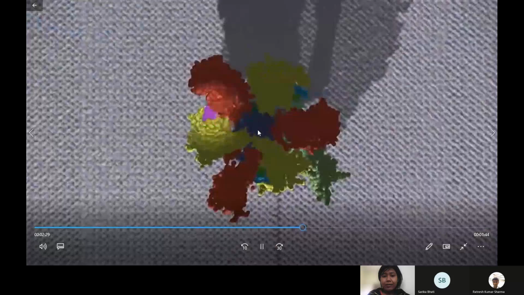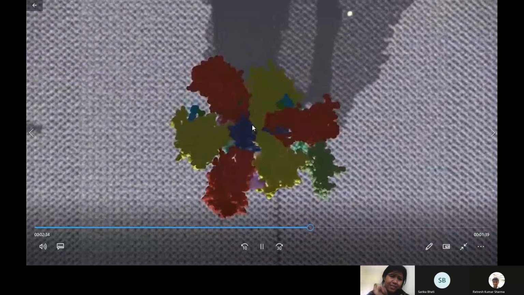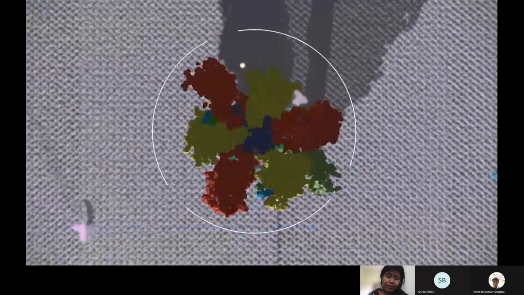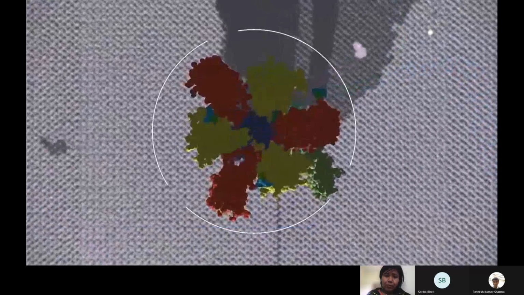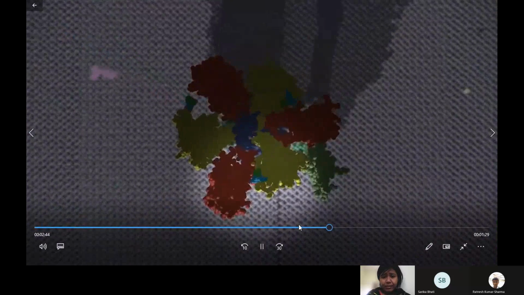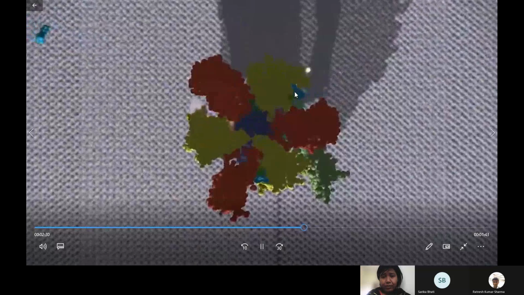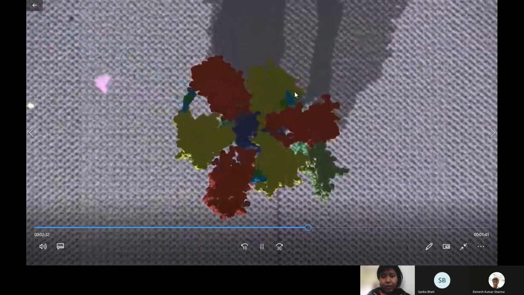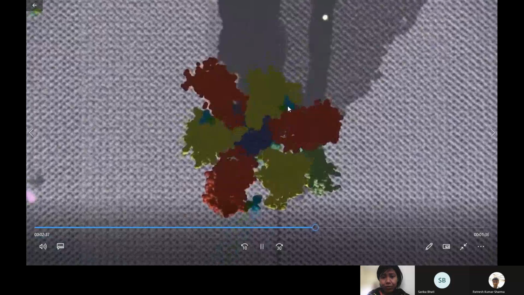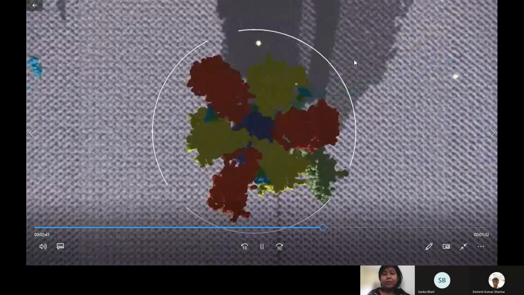You see that this is the central stalk that was represented as gamma in Paul Boyer's description. Let's look at it once more. Here you have a loose state that goes into a tight conformation, and then an open conformation where the ATP is released.